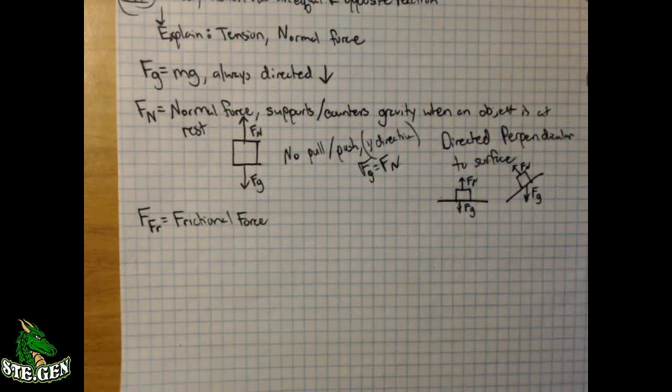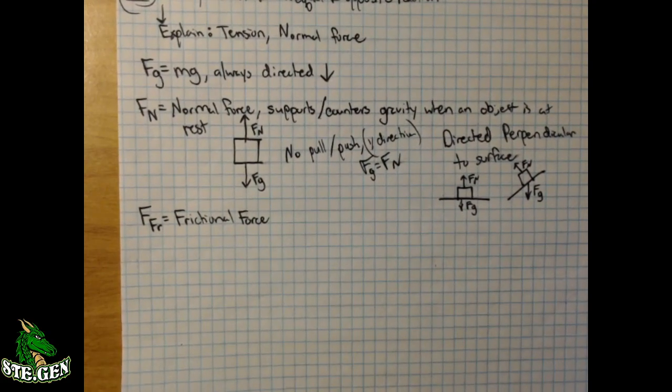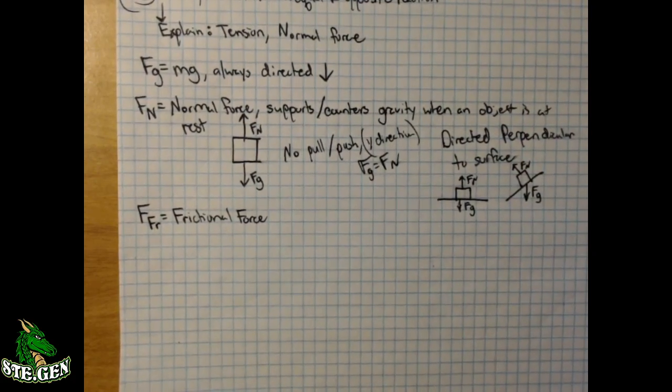Okay, normal force is related to frictional force, because frictional force is a measure of how much the atoms in the surfaces of two materials are going to resist motion and make it harder to move. The rougher something is, that's more points of contact, that's more difficulty that you're going to have to move something. The smoother something is, the less individual surfaces in contact you have to account for, and that's going to be a lower coefficient of friction.